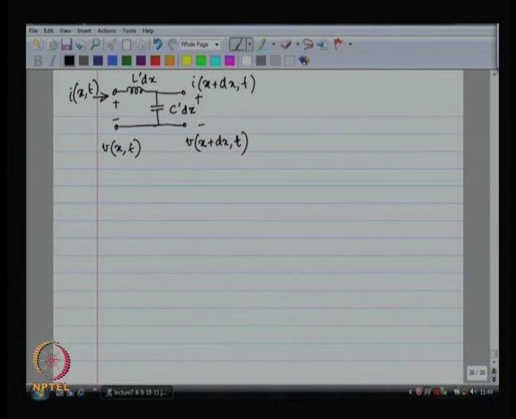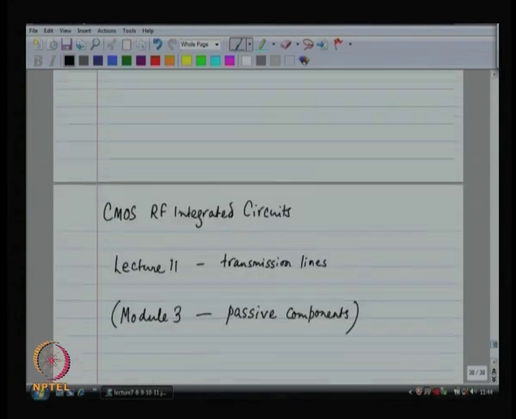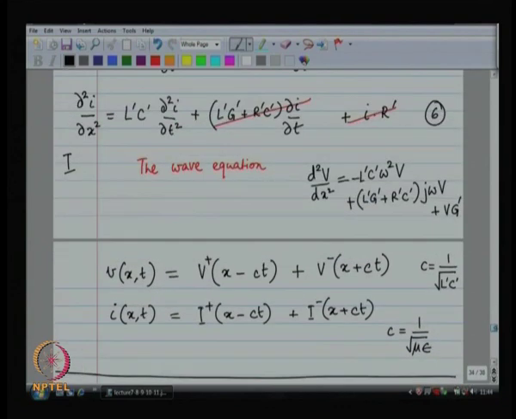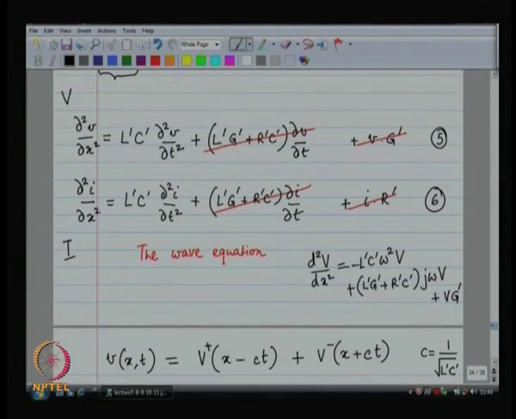That is my basic transmission line, and then you solve those equations that we worked on yesterday, and you end up with just these portions.